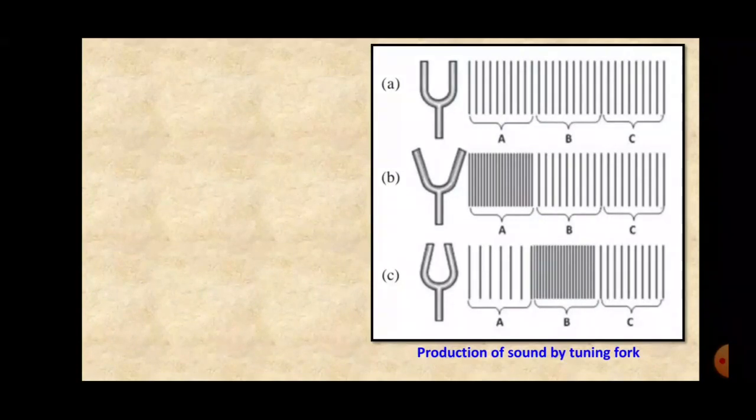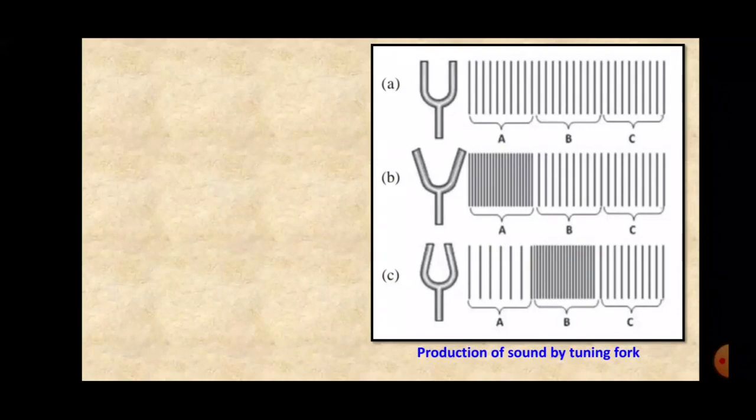When they are compressed, the pressure increases, so a region of high pressure is created, because the fork is applying pressure outward on the vertical columns of air. So these air columns are compressed, and due to the compression, high pressure is created.